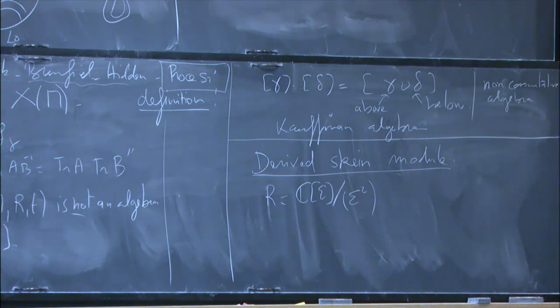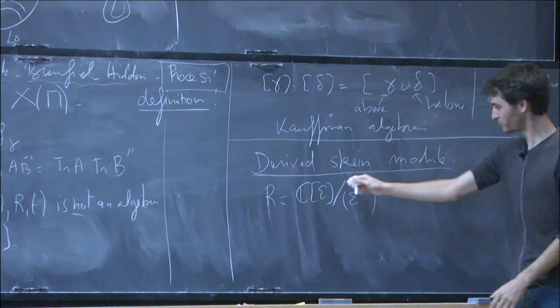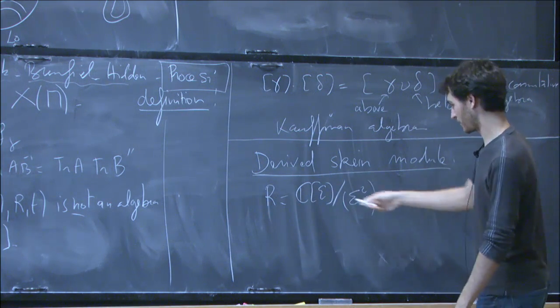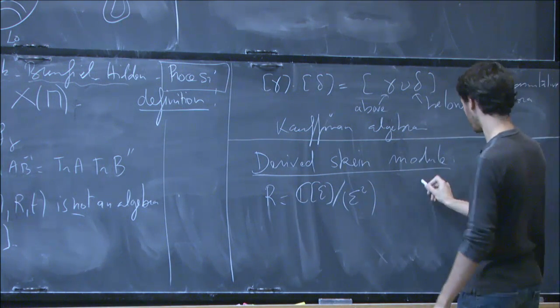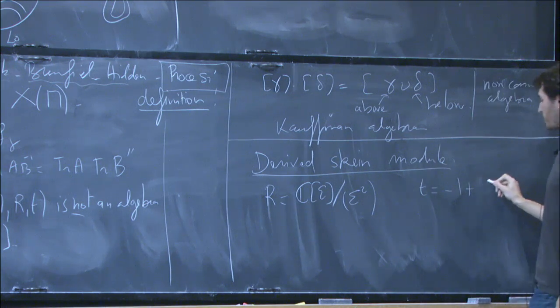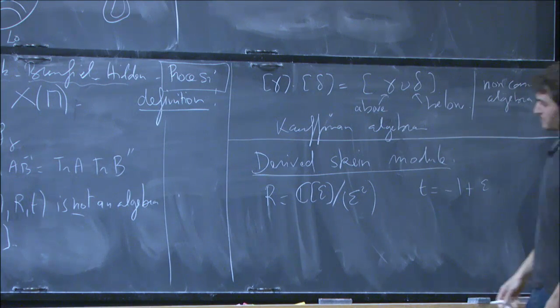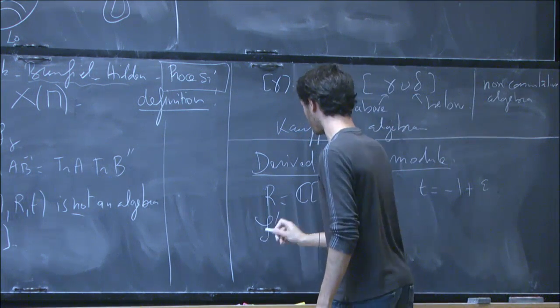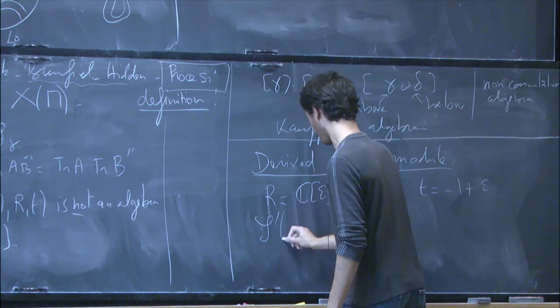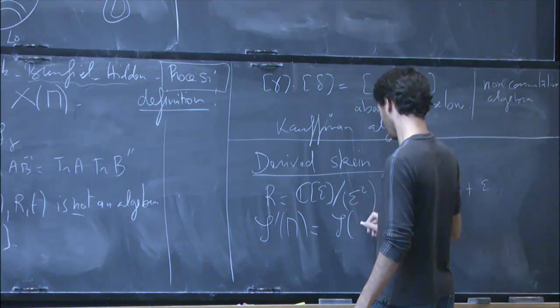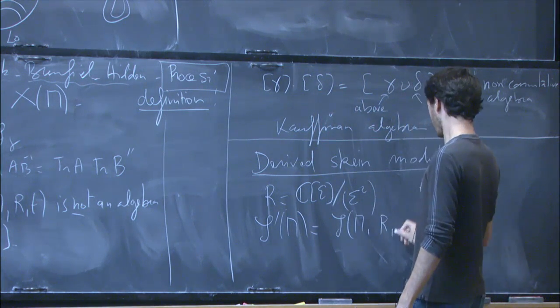Okay? Just try to put this as a ring of coefficients. And t, you just take -1 plus something small. Okay? And this, I would call it S prime of M, by definition, is S of M, R, and t.